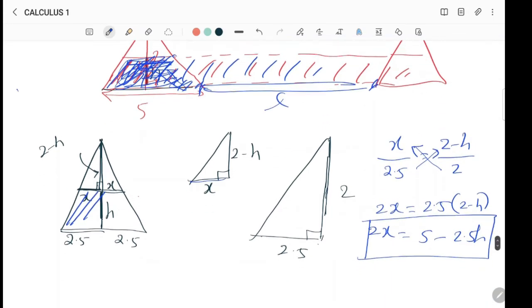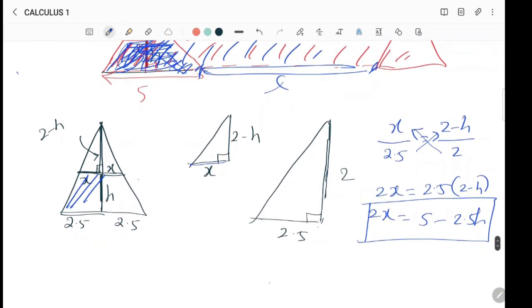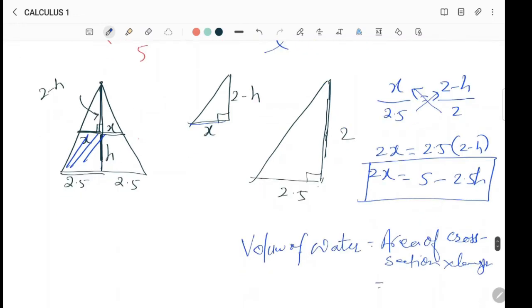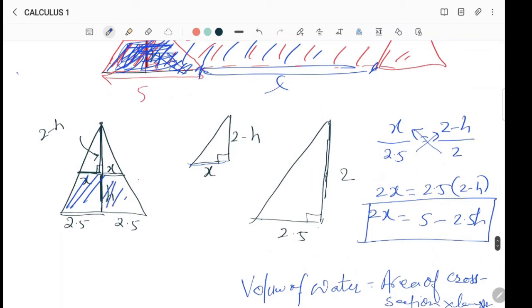So volume of water equals area of cross section times length, right? But we need to find the area of the cross section. It means we need to find the area of this part.